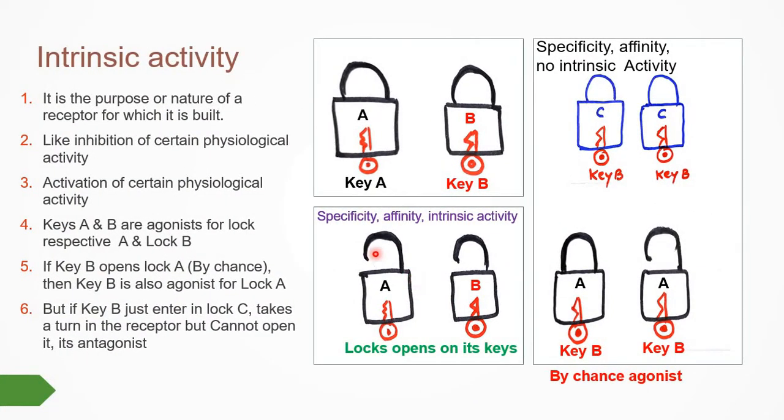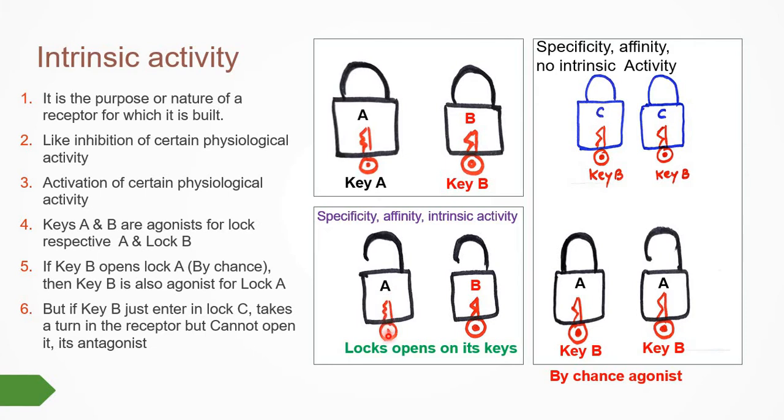Now, to understand that concept, I have drawn here some diagrammatic representation. This is lock A, and it has a specific key, with a particular notch you see here, named key A for lock A. Here is key B with a single notch for lock B, and once you put the respective keys in the respective locks, they open.